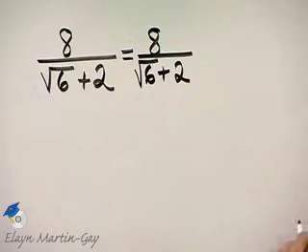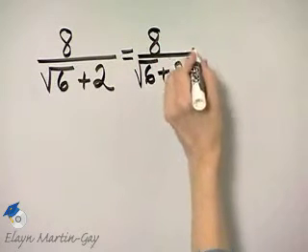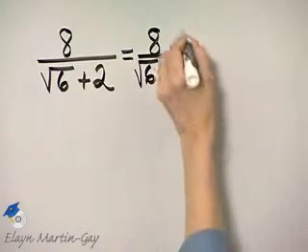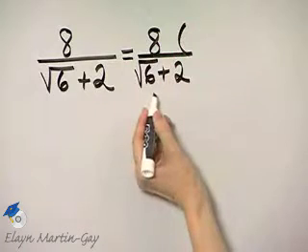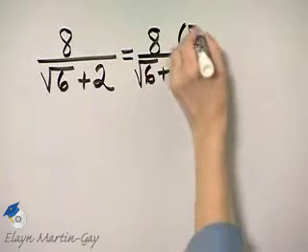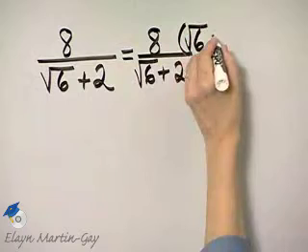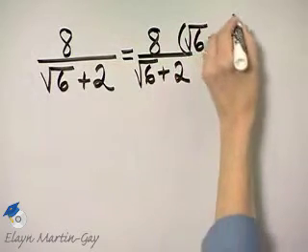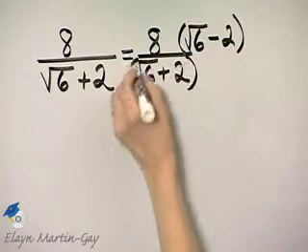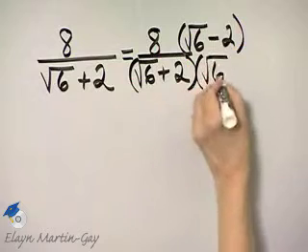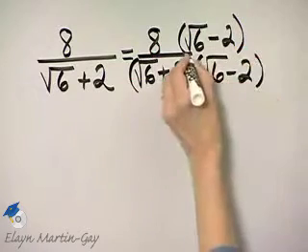So here's my expression. I'm going to multiply numerator and denominator by the conjugate of the denominator. The conjugate is square root of 6 minus 2, and then over square root of 6 minus 2.